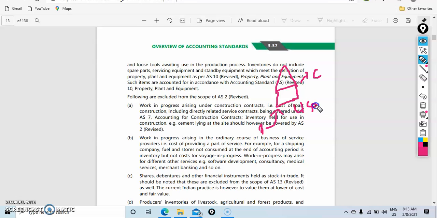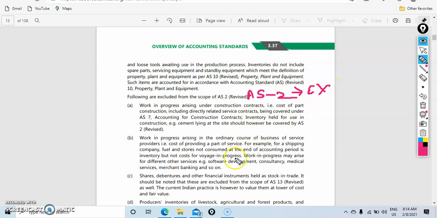They are doing the normal ordinary course of the business, so the buildings are inventory to them. Can we apply AS2 to these buildings? No, because we have a separate standard for the construction of buildings. So for construction, AS2 will not apply.